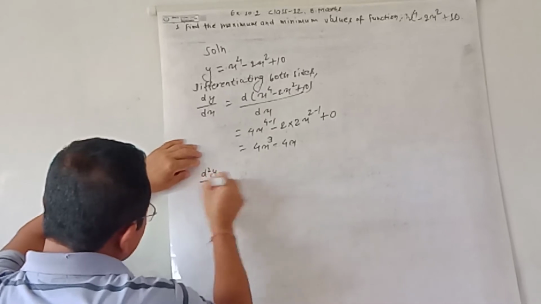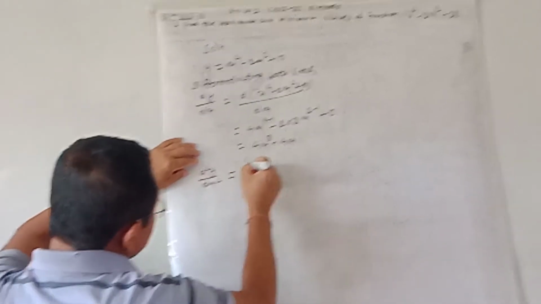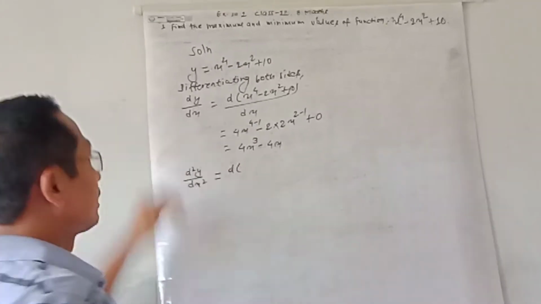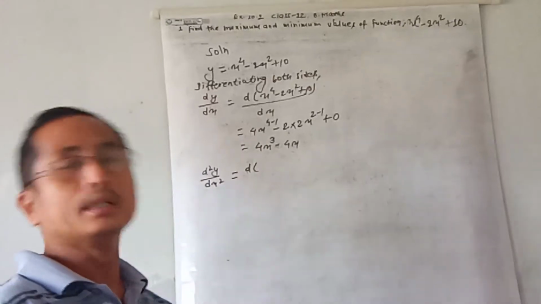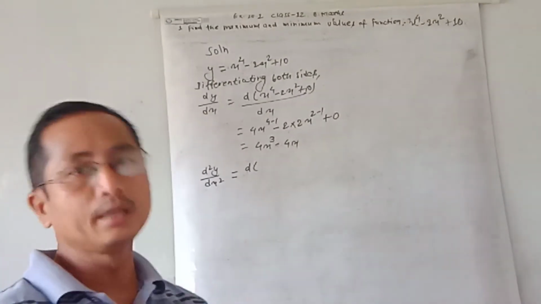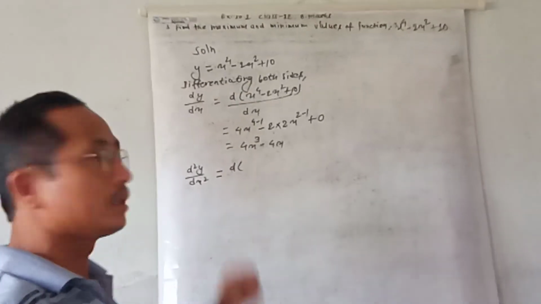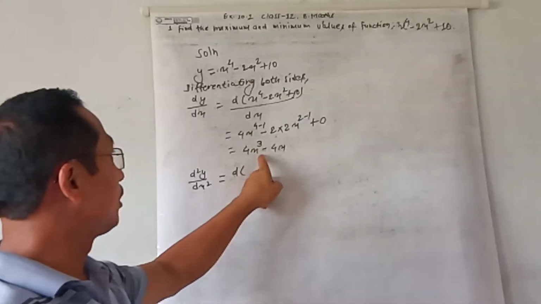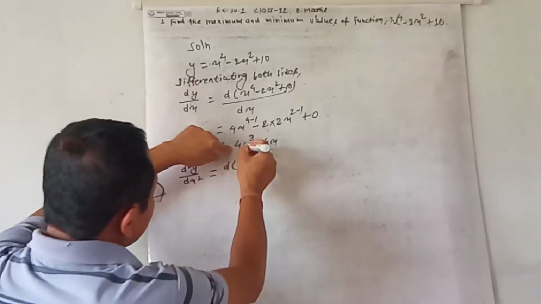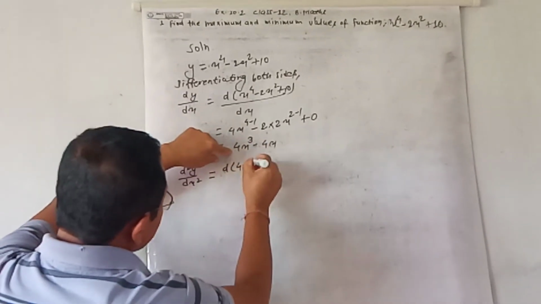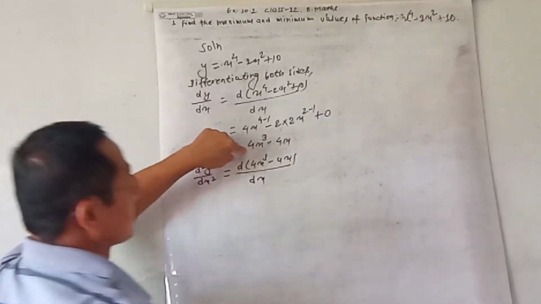Second derivative, d square y by dx square, means the derivative of the first derivative. So d square y by dx square is equal to d of the first derivative, 4x cube minus 4x, by dx.